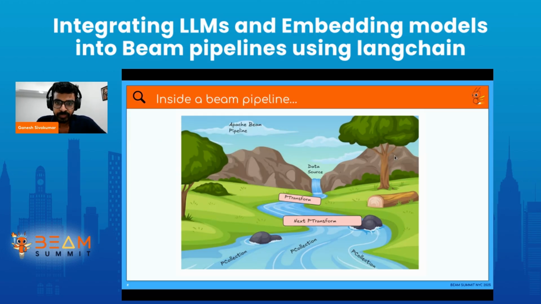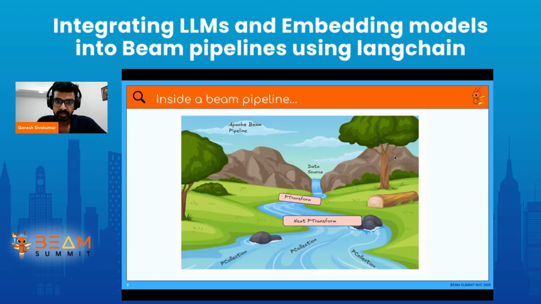Now we'll talk about how a Beam pipeline generally works. Picture it as a river flowing through a forest. It can go through multiple splits and turns, and it might even split into a separate channel. A Beam pipeline is just like that. The data source can be a waterfall.